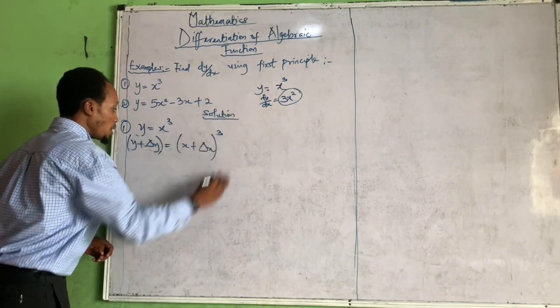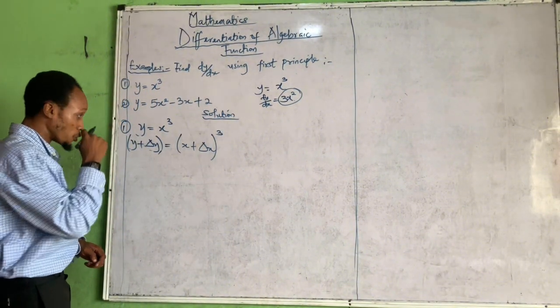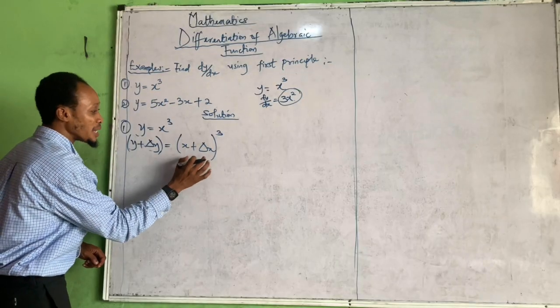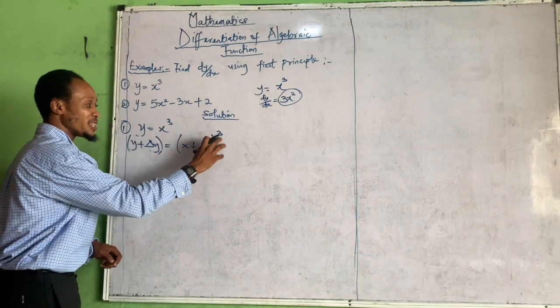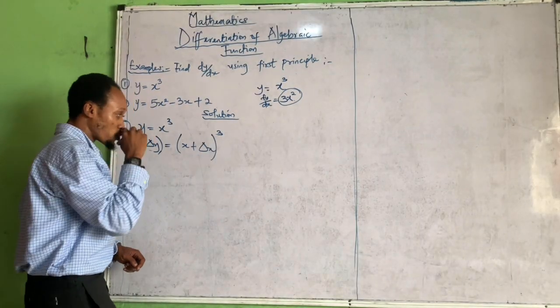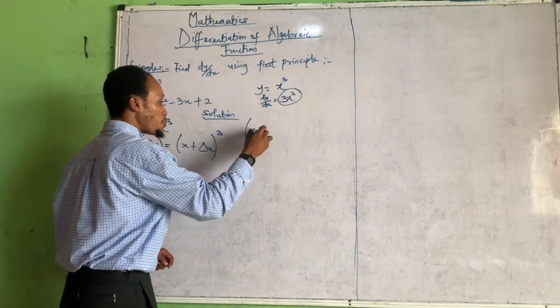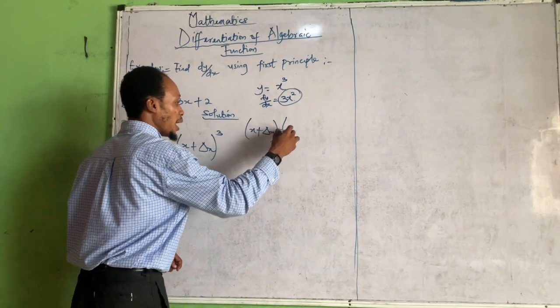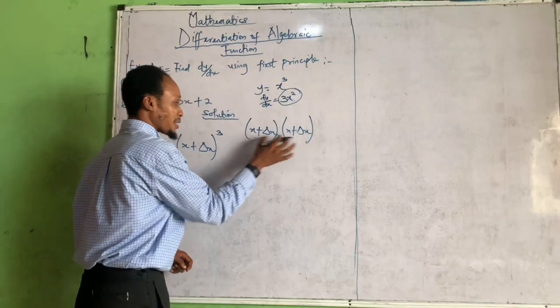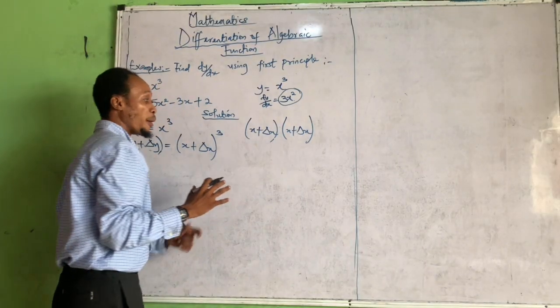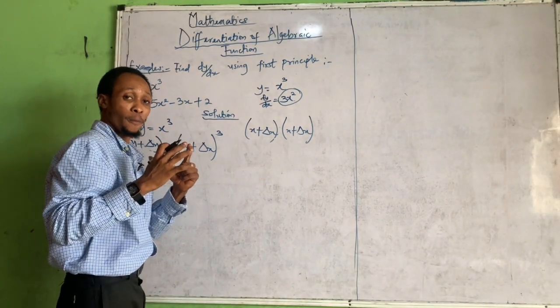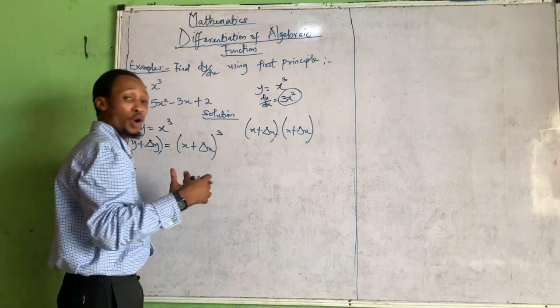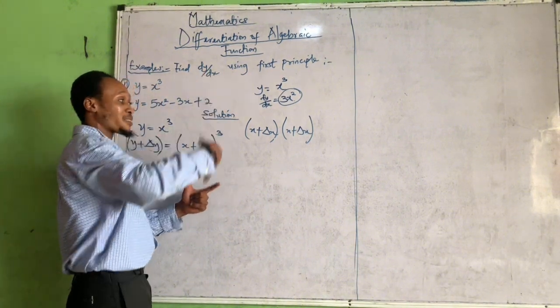Now the next thing we are going to do is to expand this in 3 places because it is raised to the power 3. Let's do it one after the other. We have (x + delta x)(x + delta x), that is, we want to do it 2 places first. I'm using this method just for proper understanding for those that do not understand the Pascal triangle method.